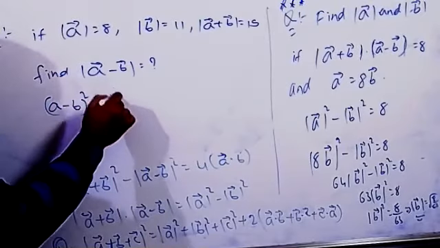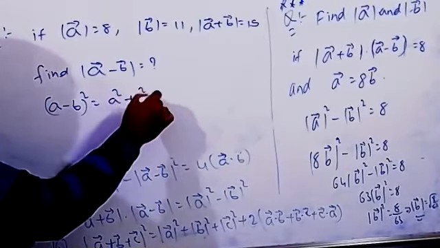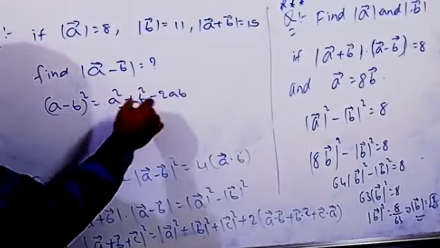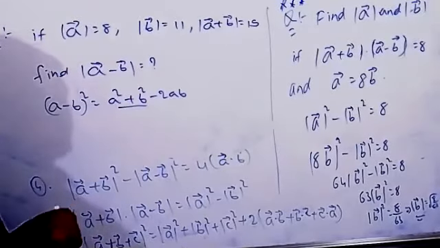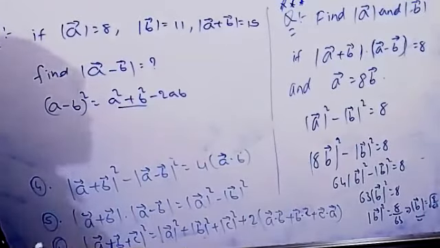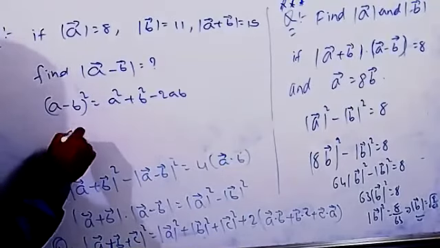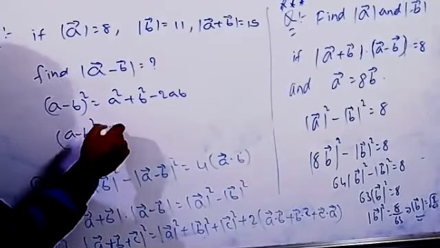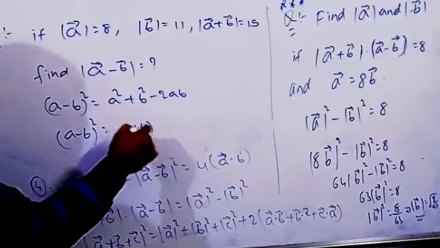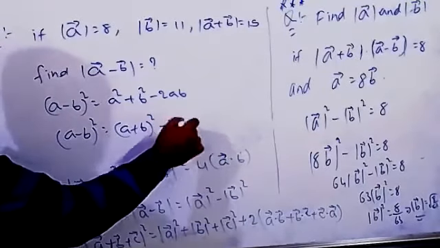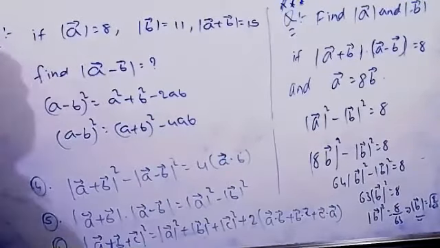A minus B whole square equals A square plus B square minus 2AB, and A square plus B square can be written as A plus B whole square minus 2AB also. That means A minus B whole square equals A plus B whole square minus 4 into A dot B. This is one of the formulas.